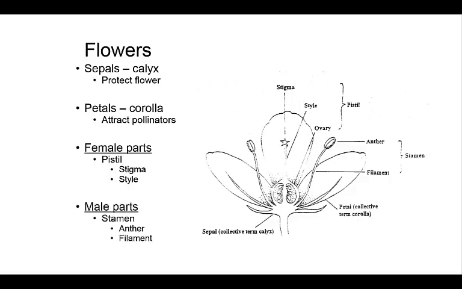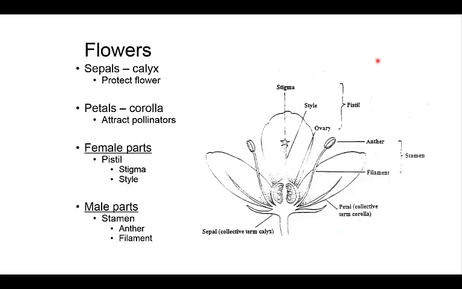The male parts are called the stamens, and there's one shown right here. The top of the stamen, this elongated, swollen structure here, is called the anther, and this is where the pollen is produced. And the supporting structure for that anther is called the filament, and it holds it up there so that insects or the wind can attach to the pollen and move it around.